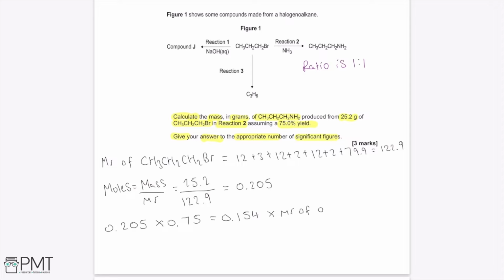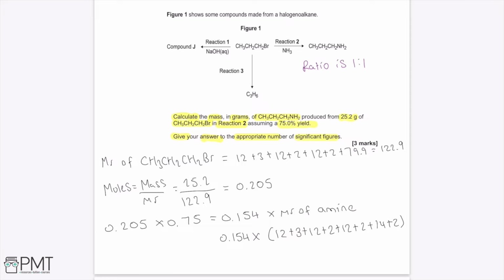And again, we know that carbon has an Mr of 12, hydrogen has an Mr of 1, and nitrogen has an Mr of 14. So therefore we can do 0.154 multiplied by, in brackets, 12 plus 3 plus 12 plus 2 plus 12 plus 2 plus 14 plus 2.